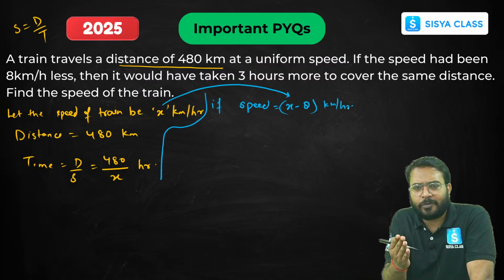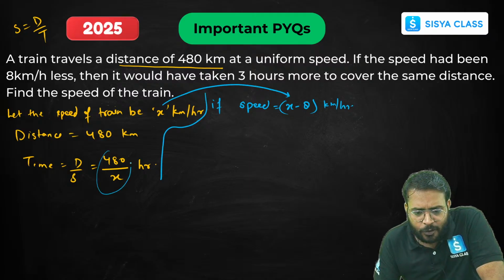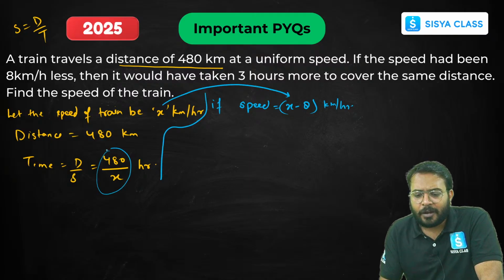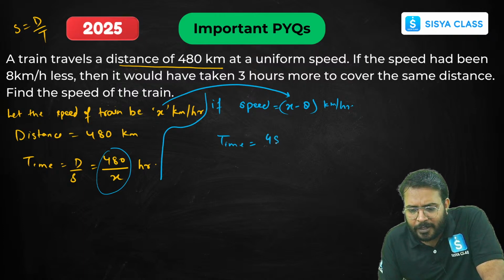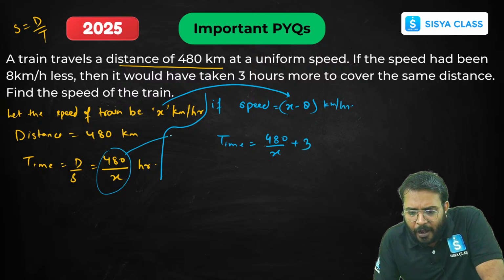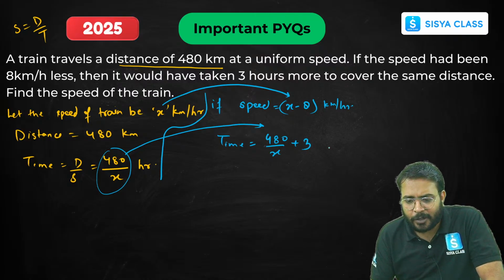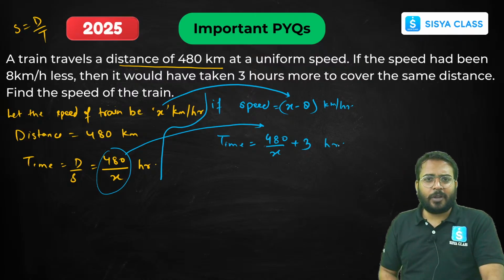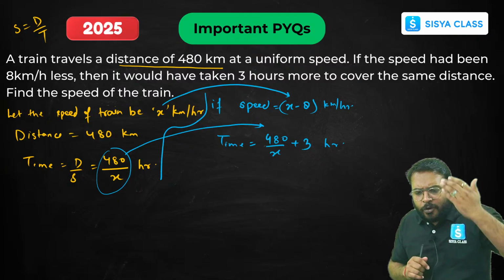Initially they took 480 by x hours. Now the time they will require to cover the same distance is 480 by x plus 3. As compared to this, they are going to take 3 hours more.